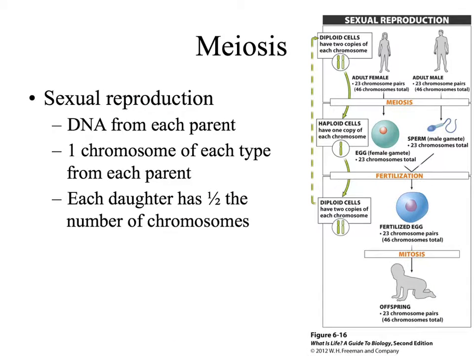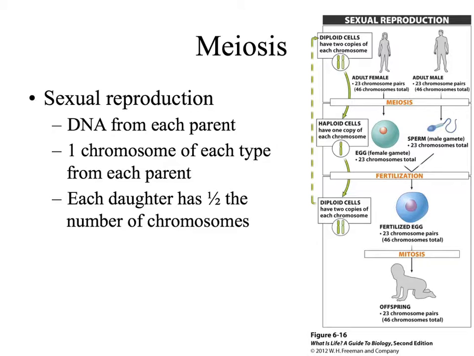Meiosis is used to produce gametes that are part of sexual reproduction. So in sexual reproduction, we have 2 haploid cells, one from a mother, one from a father, and those gametes will combine during fertilization. After fertilization, we have a zygote, or a single-celled baby.